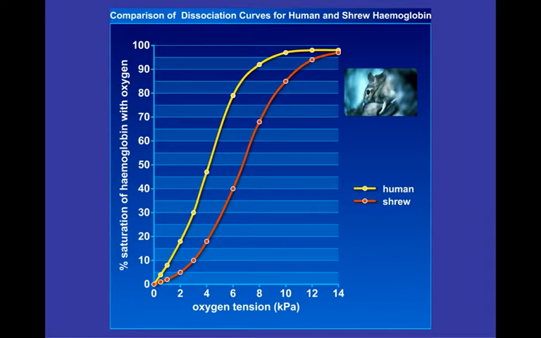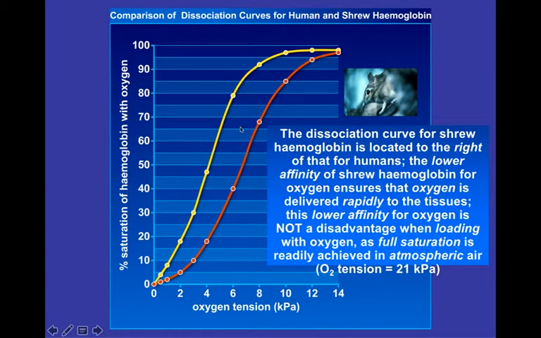In this case, the shrew is able to release more of the oxygen from its hemoglobin at higher partial pressures. If it disassociates at higher partial pressures, it means it's going to come off easier off the hemoglobin and therefore supply the tissues with more oxygen.